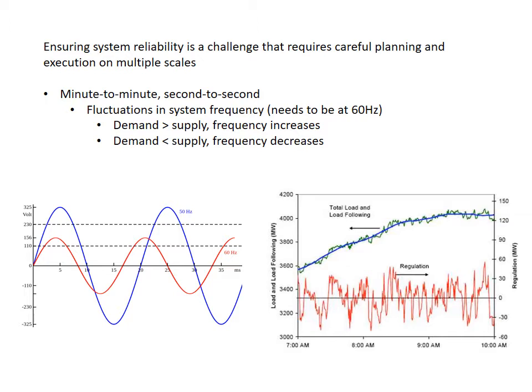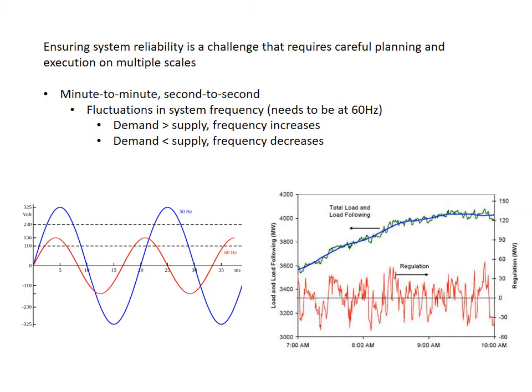Different power systems have different frequencies. In the United States, everything operates at 60 hertz. In Europe and maybe Asia, I think it's 50 hertz. So the entire US AC power system is all operating at the same frequency, 60 hertz.